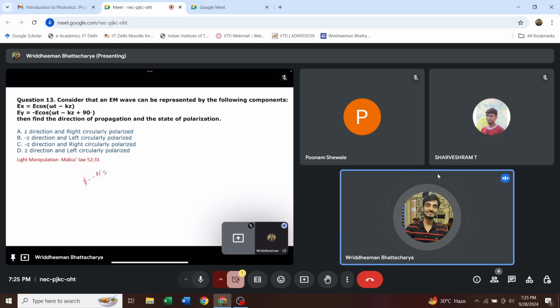As it is minus pi by 2, we will get right circularly polarized, and as it is giving us E cos(omega t plus kz), it is moving along positive z direction, right? So according to this, option A will be the correct one.